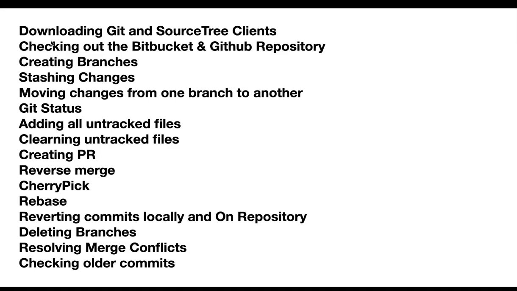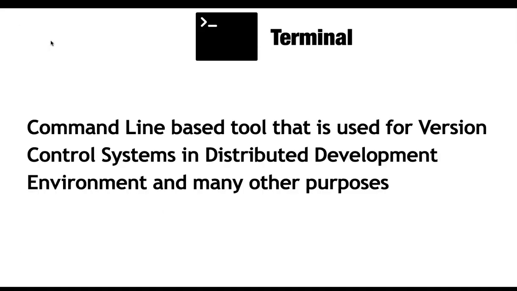Clearing untracked files, since sometimes you don't want them. Creating a PR, reversing the changes, cherry pick, rebase, reverting commits locally and on the remote repository, deleting branches, resolving merge conflicts, checking older commits. There are many things. We will see them in detail, completely shown.